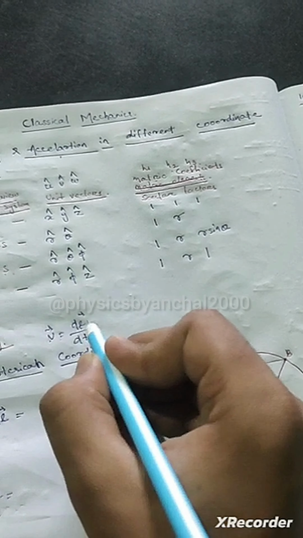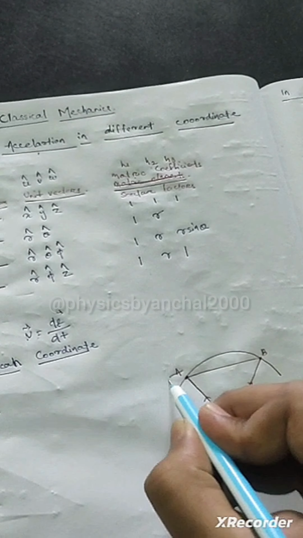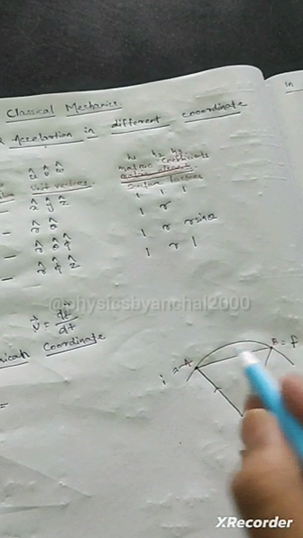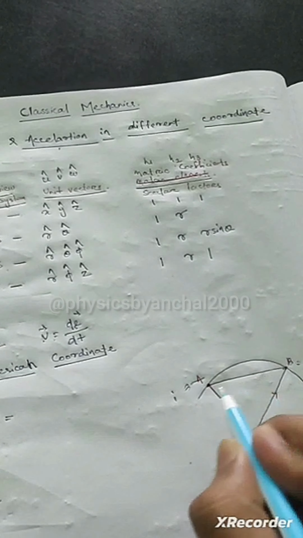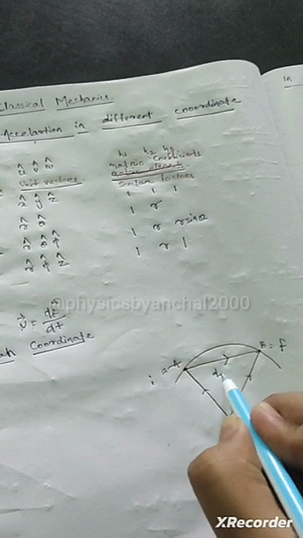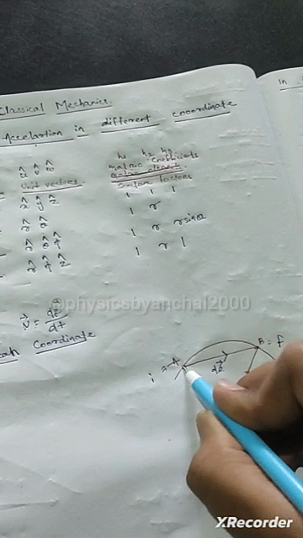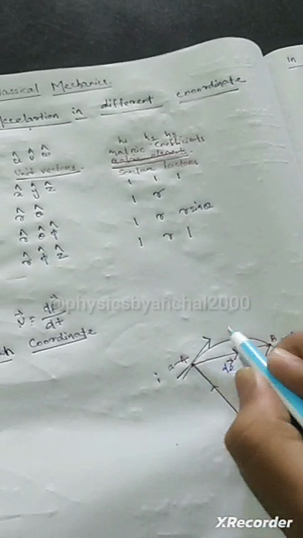How? Let's see how. Let A be any initial point and B be any final point, and a particle moves from A to B. Then what is the displacement? The displacement direction is this, that is the dl vector. But what about the direction of velocity at point A? This is the tangent.